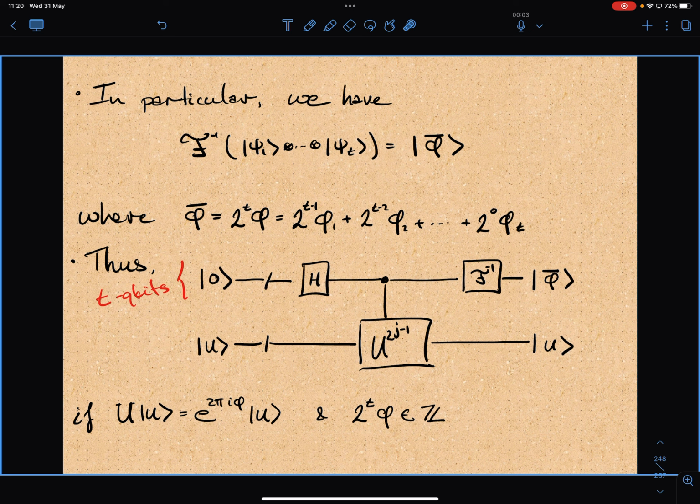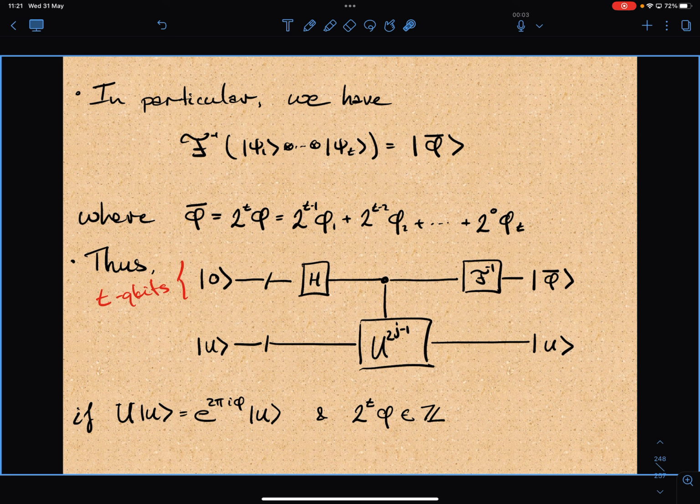For instance, even if we had this phase or this base 2 expansion up to t numbers or t bits, and we included less than t bits here, then the Fourier inverse is not going to give us the phase precisely. It's going to be a mixture, a superposition of different numbers. Somehow, in a way that we can sort of explain, we can say that the highest probability is going to be around the correct phase.